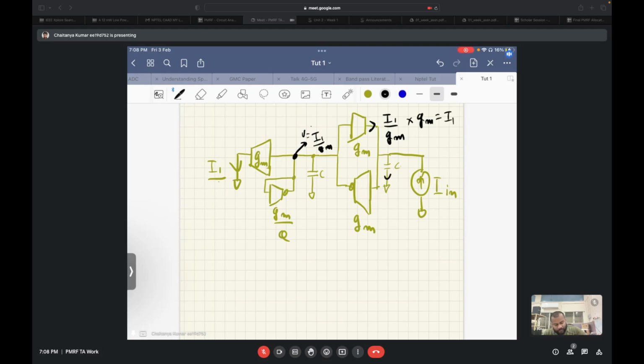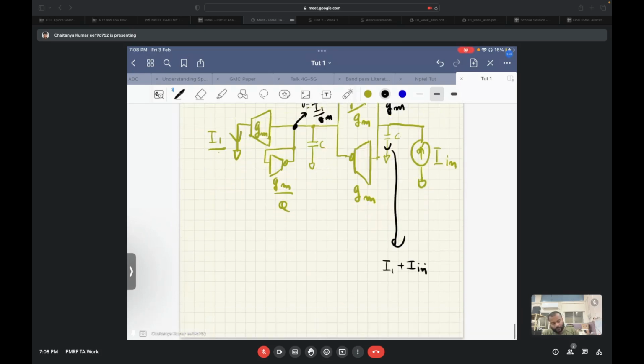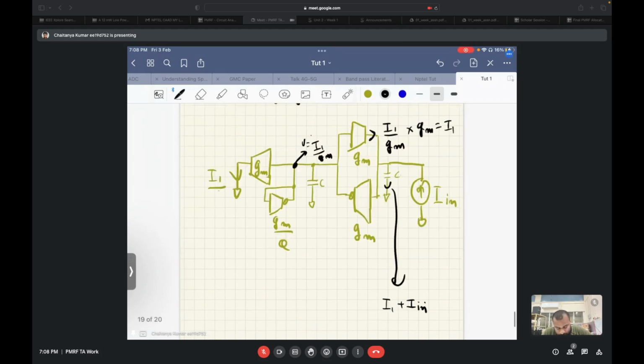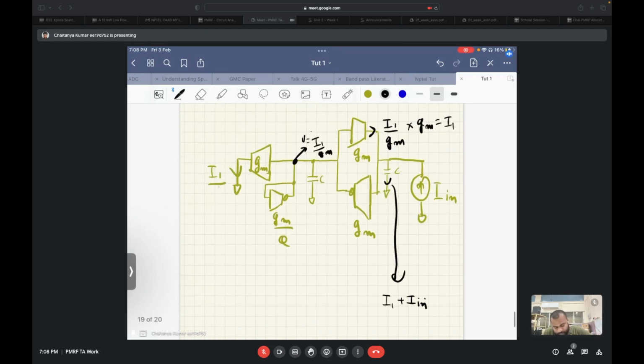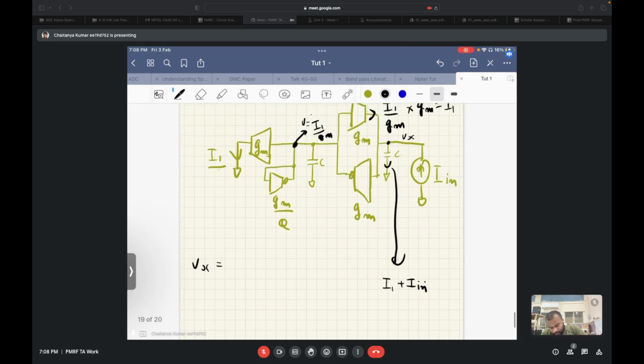So in this capacitor, the total current that is flowing is I1 plus I in. If this I1 plus I in flows in this capacitor, the total voltage developed at node, let's call this node Vx, so at node X, Vx will be I1 plus I in times 1 by SC.